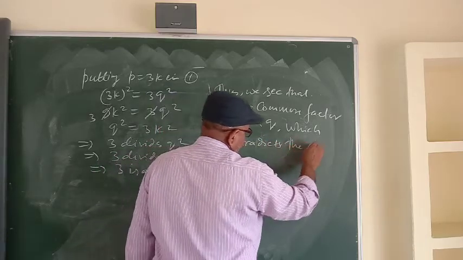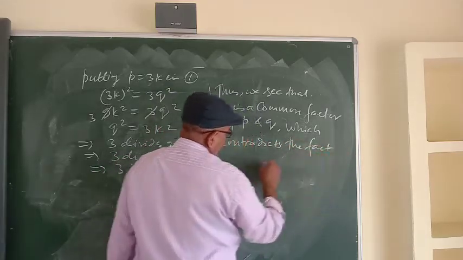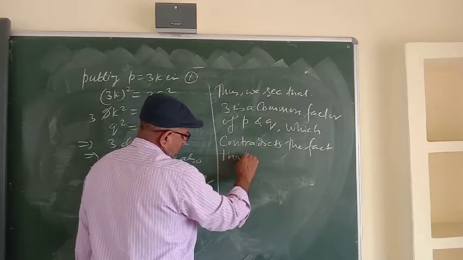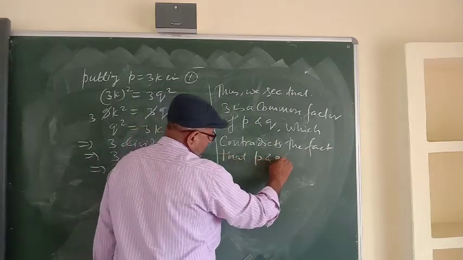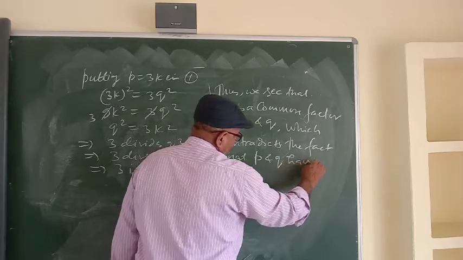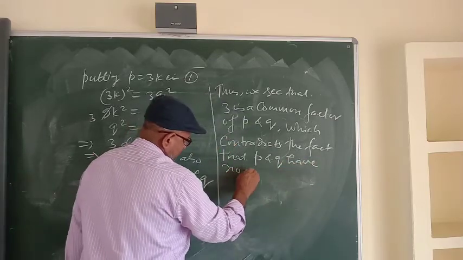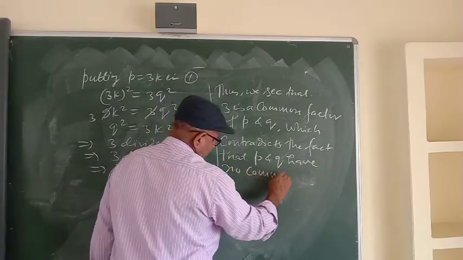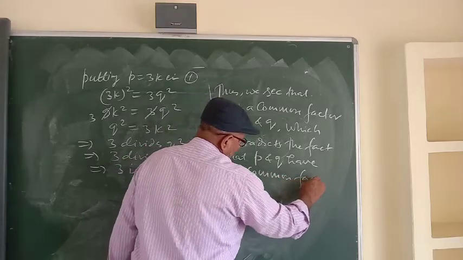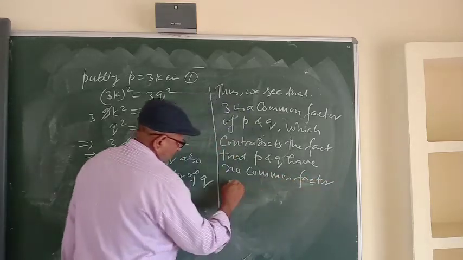So 3 is a common factor of P and Q, which contradicts the fact that P and Q have no common factor except 1.